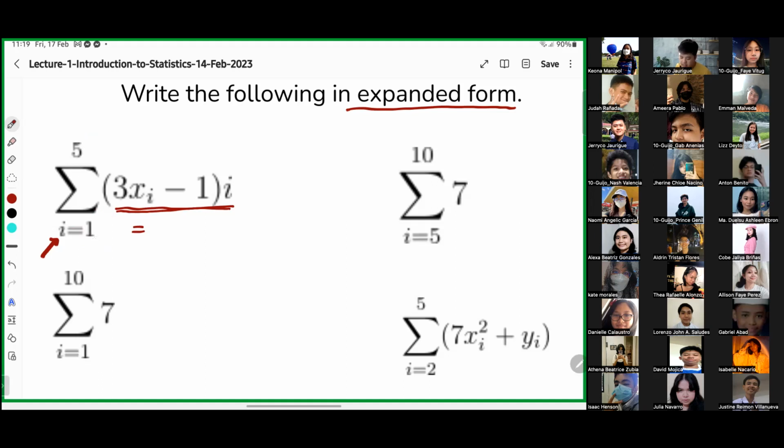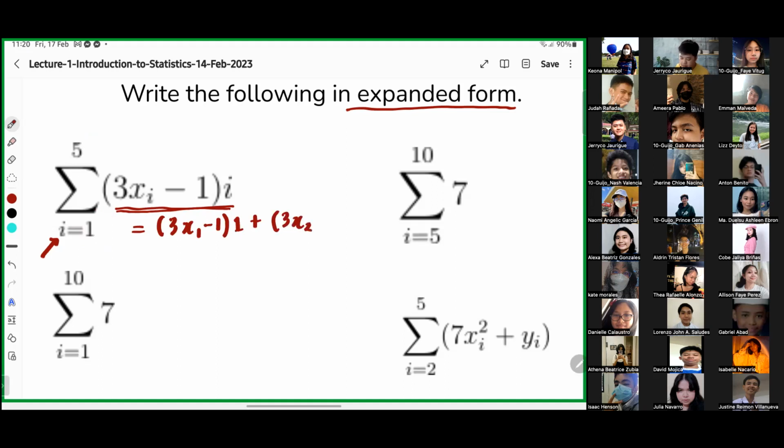So yung una natin will be quantity 3 x sub 1. So 1 yung una, di ba? Minus 1 times yung I mo papalitan din ulit ng 1. Alright, plus, since this is summation, yung next natin na addends ay 3 x sub 2.